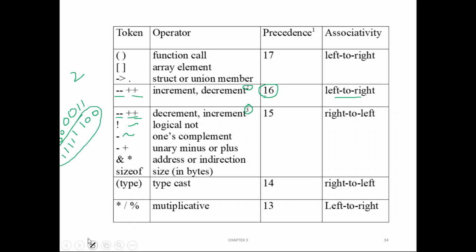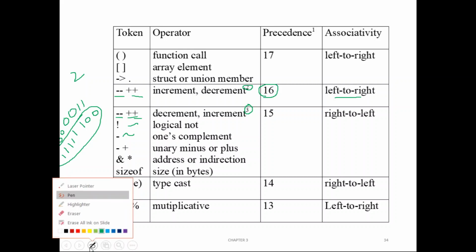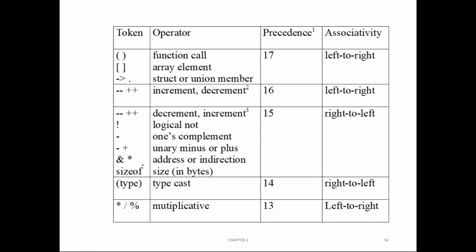So that is tilde, which is one's complement, and then unary plus and minus. Say I'm writing an expression like this: a is equal to 3 plus minus 4. What does it mean?